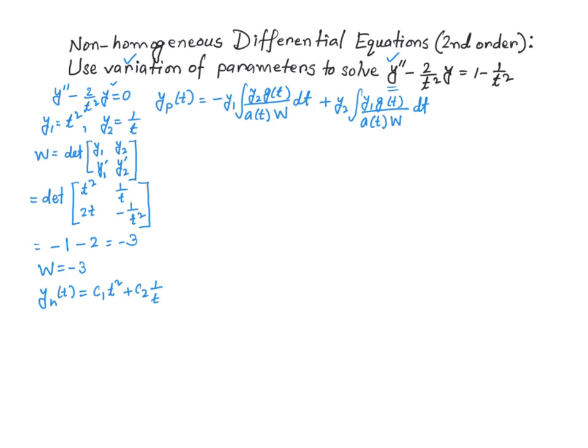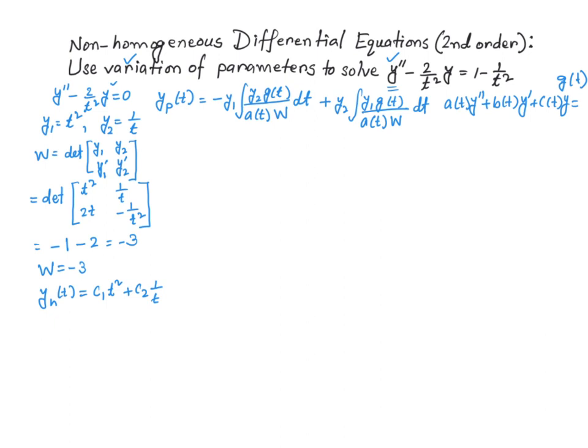The general structure for second order linear differential equations is a of t times y double prime plus b of t times y prime plus c of t times y is equal to g of t. That's the general format.